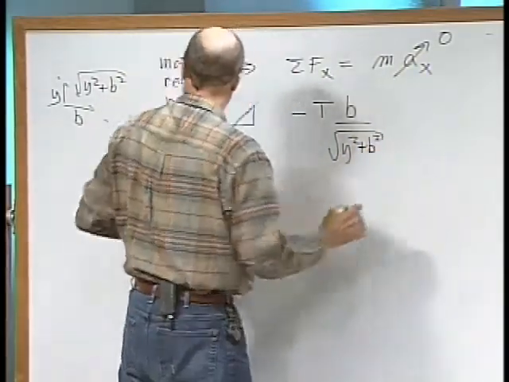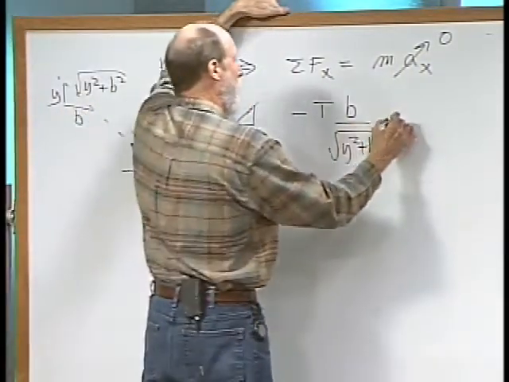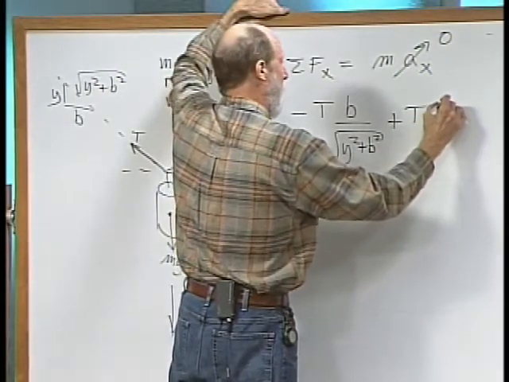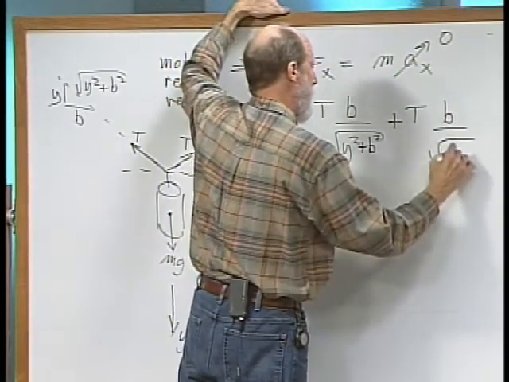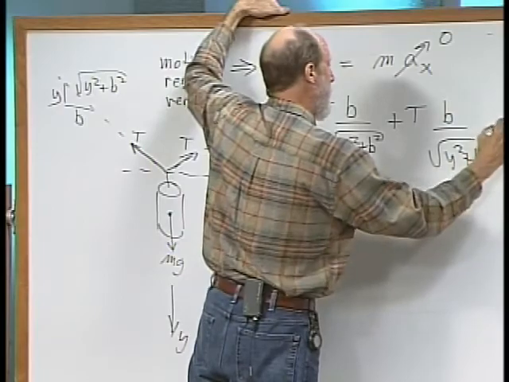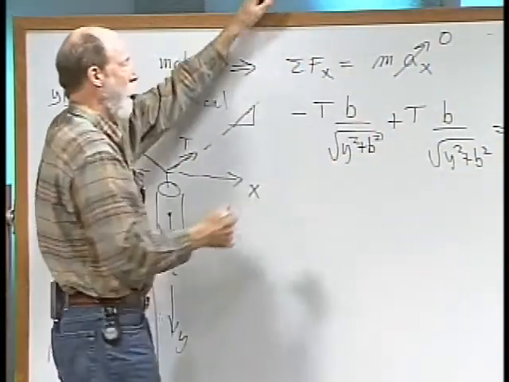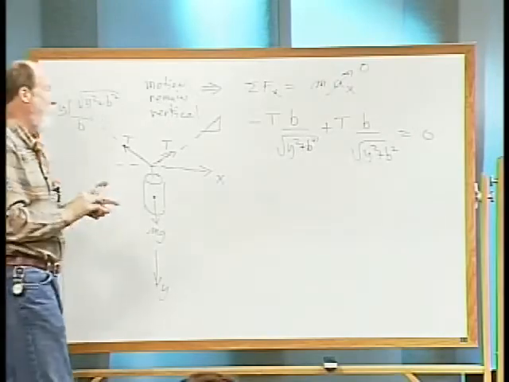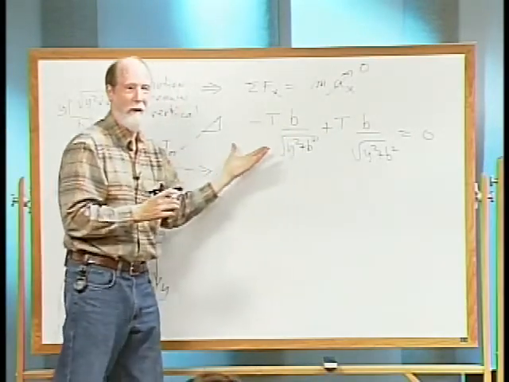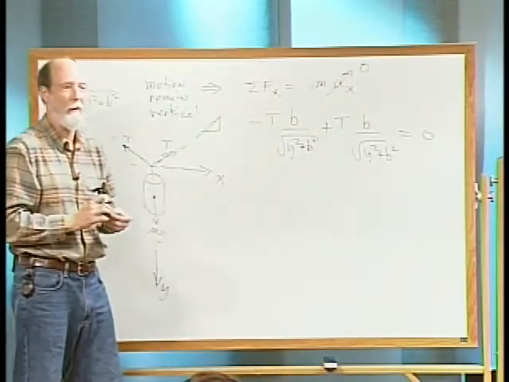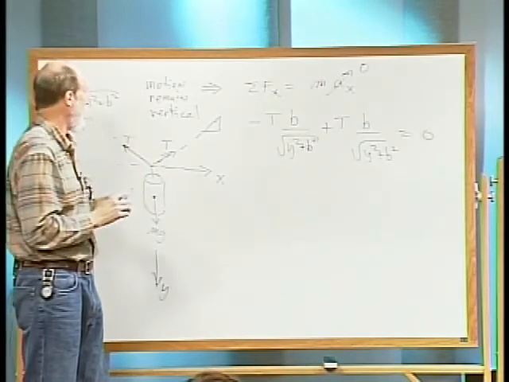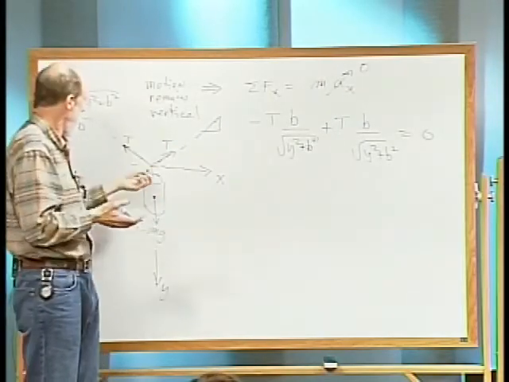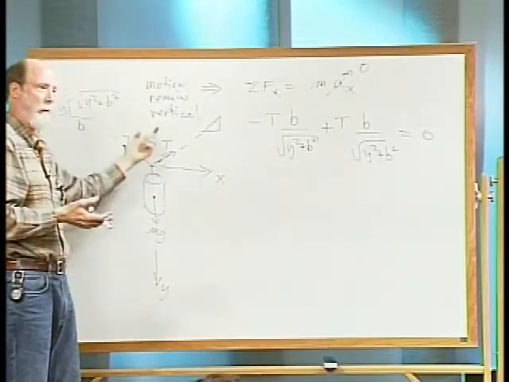And then the other force is to the right, plus T times the same angle, equals 0. You can see that thing just zeroes out. Doesn't mean the tension's 0, obviously, but the whole thing just degenerates. If you write the forces vertical, that's where you get your dynamic motion.